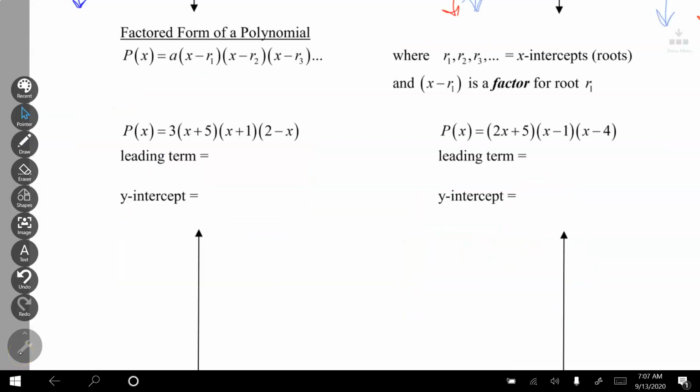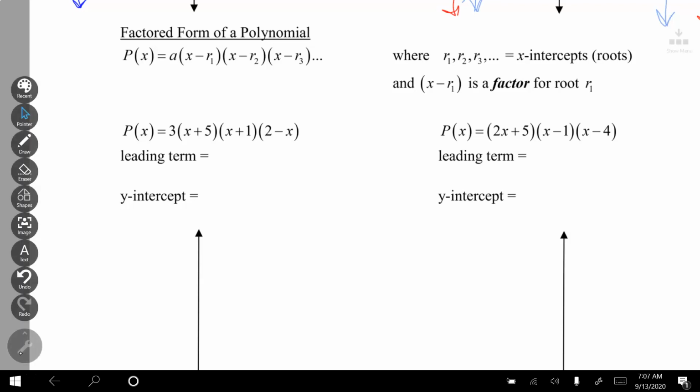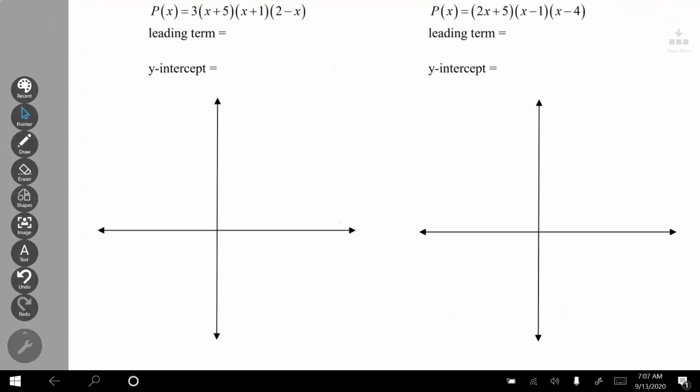Now when we have it in factored form, we have more details. We are starting to be given the x-intercepts, which are more details for these graphs. Before we had this general shape and maybe the y-intercept. Now I have x-intercepts. So inside the parentheses is called a factor. X minus r is a factor. The r is a root or an x-intercept. So for this example here, I have to be careful.